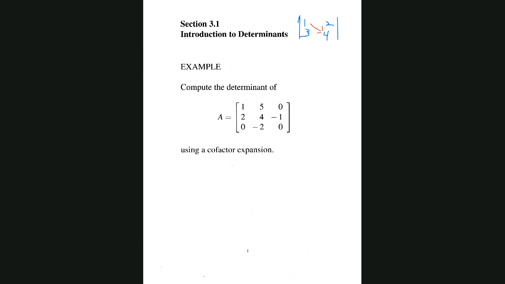But anyway, what I have here is a 2x2 determinant. And the way you compute a 2x2 determinant is very simple. You take the product of diagonal entries, the first one being from left to right, 1 times 4. And then you subtract the product of the other diagonal entries, in this case 3 times 2.